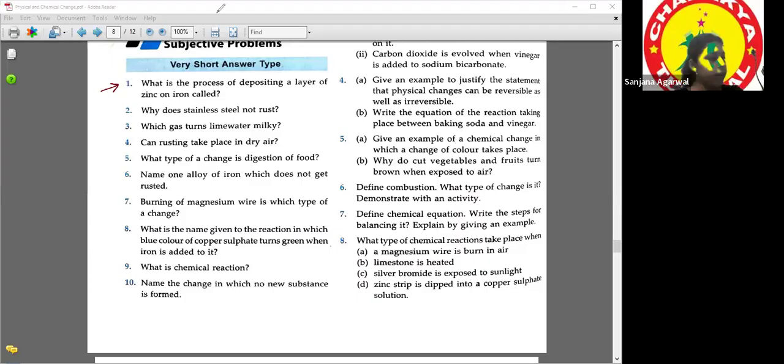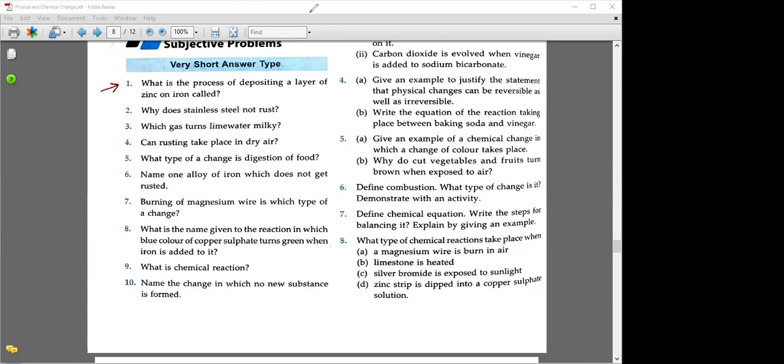Good, great. Keep going. Tell me quickly. Only Sritij and Aishwarya have answered.